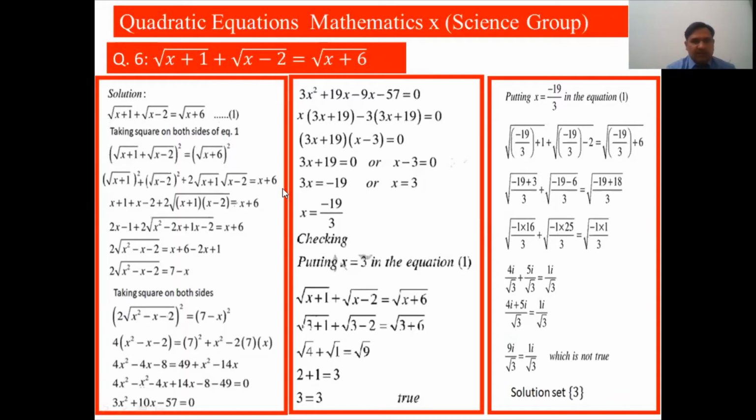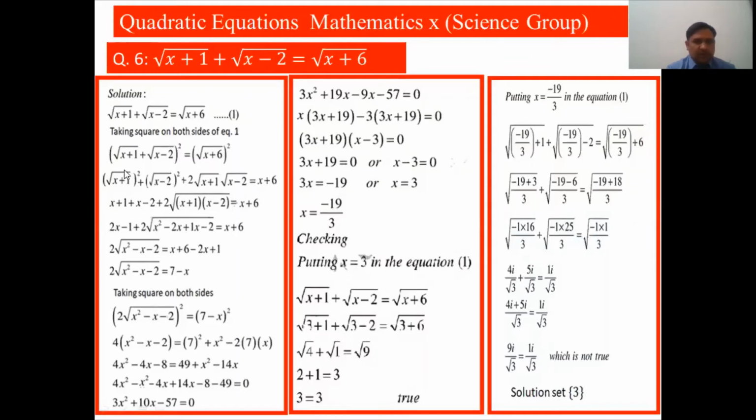So we are left with x plus 4, and on the left hand side we have square root of (x plus 1) whole square plus square root of (x minus 2) whole square, and plus 2 square root of x plus 1 into square root of x minus 2 is equal to x plus 6.